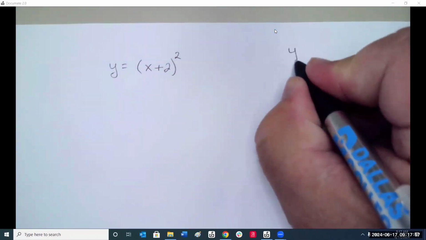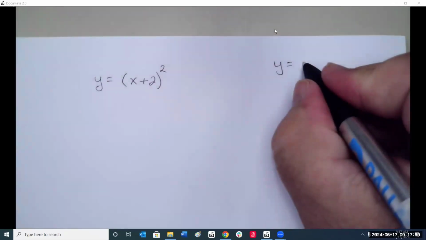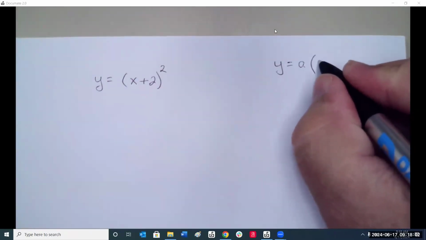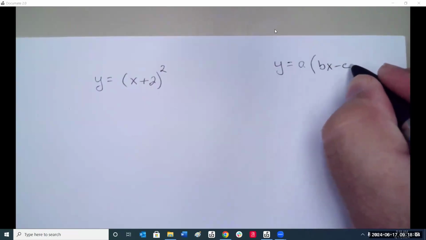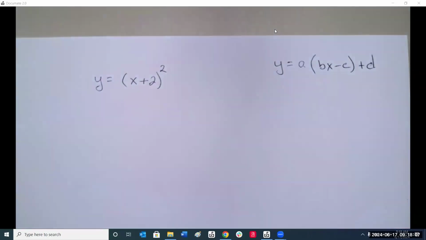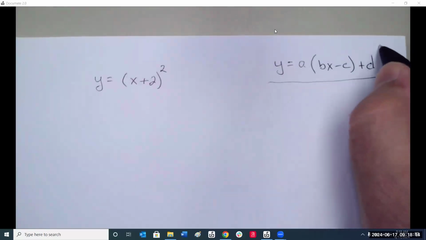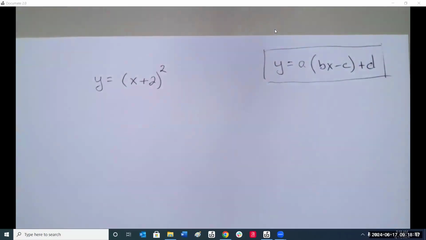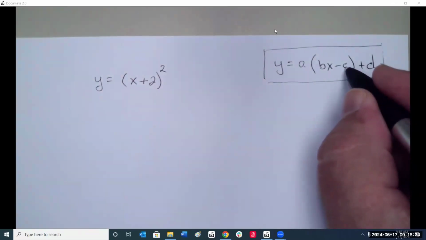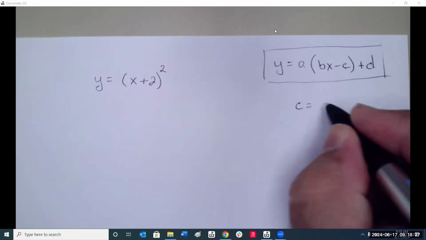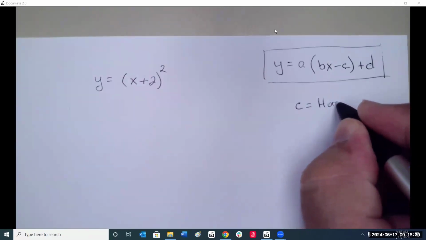Well, let me first give you what the general form of an equation is. That's the general form of equation, where C is the horizontal shift.